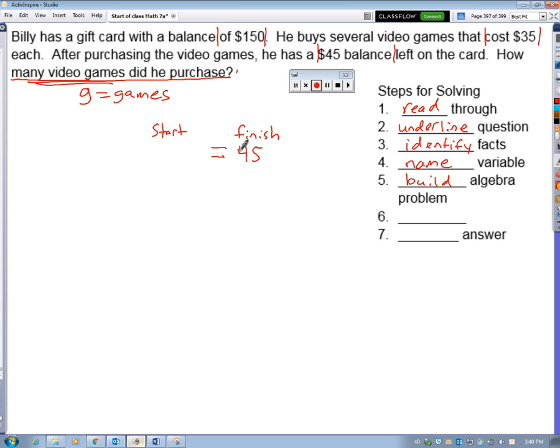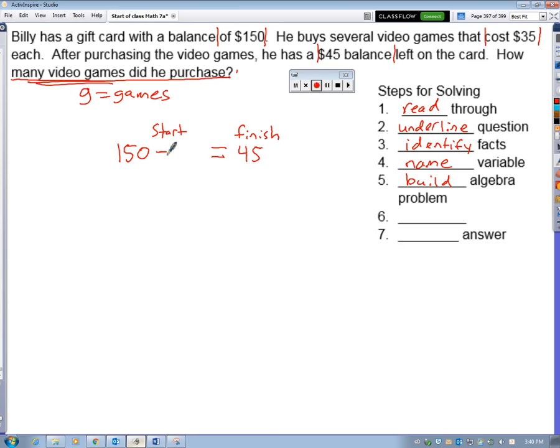Okay, now we just need to set up our algebra problem to equal $45. Okay, so let's set that up. We started with 150. Okay, so he had $150, and then he spent some money, right? Which means that money is going to be taken away from 150 to get down to 45.